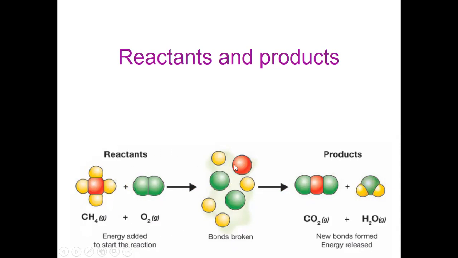By heating them, they are all separated, then rearranged to form CO2, for example. This is the CO2 with H2O. New bonds formed. Energy added to start the reaction, bonds broken, and the new bonds formed, energy released.